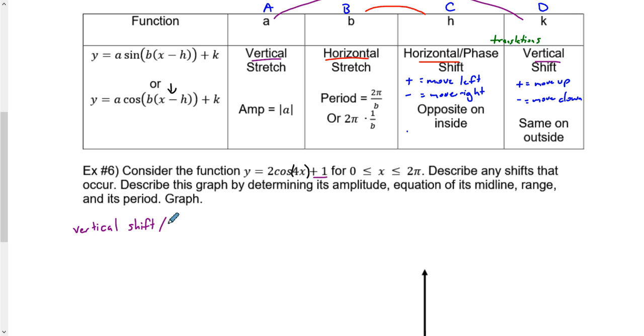So it's a vertical shift or a vertical translation. And it says positive 1. Well, it's positive, so we're going to be moving up. Which means the entire graph, which actually is just this 2 cosine 4x, is going to move up 1.